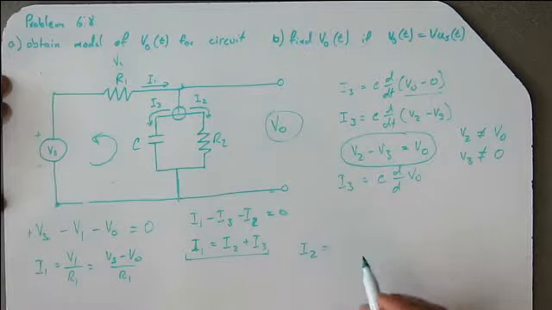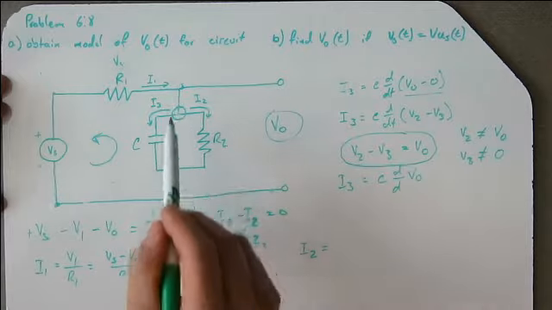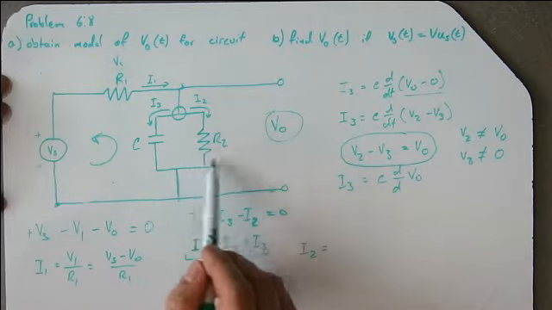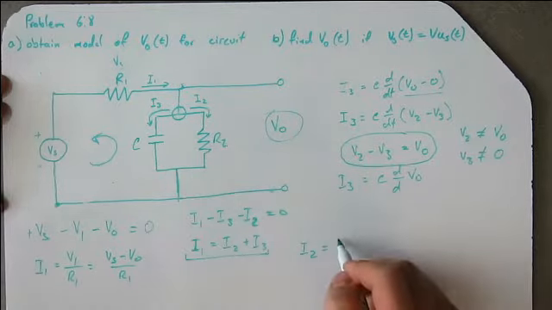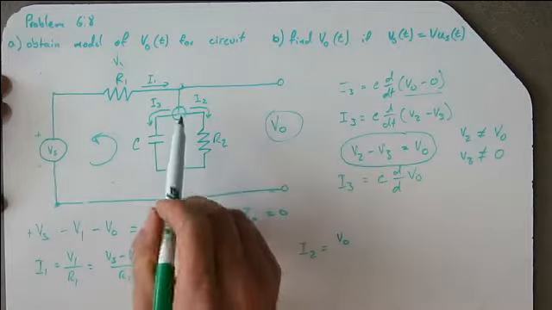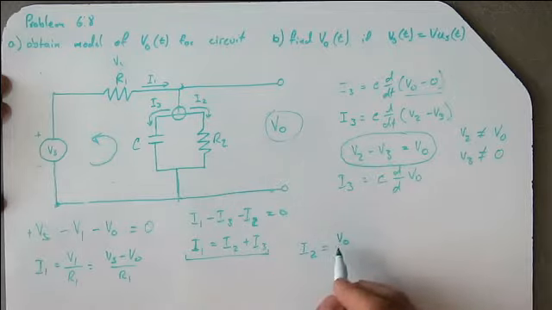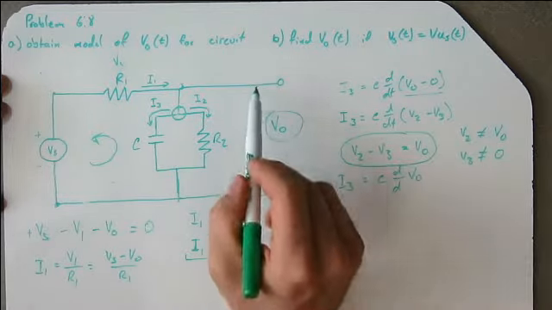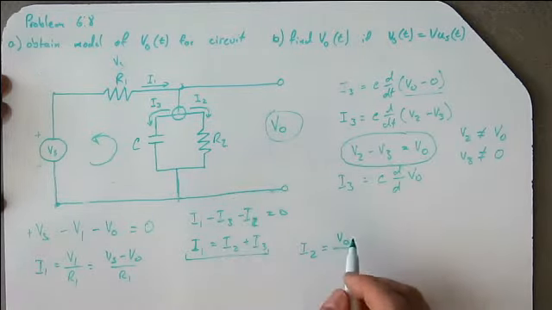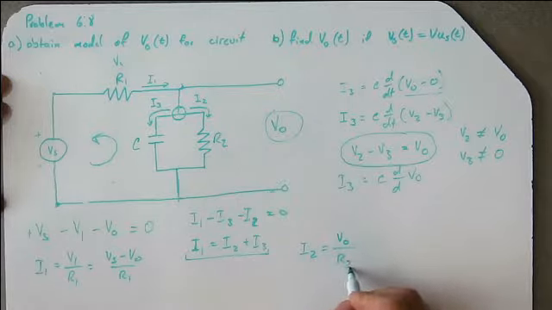I2. I2 equals the voltage drop across here divided by R2, which we just called the voltage drop across here V out. We're measuring the difference in voltage between these two.